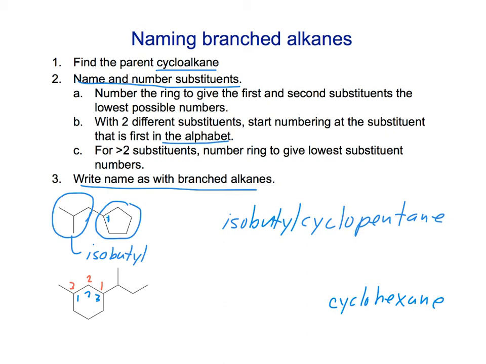So let's look at our 2 groups. Over here, we know this is a methyl group. And over here, this is called a sec-butyl because it's attached to the secondary position of butane. Alright, so we're going to follow the numbering that goes in red because it gives the sec-butyl the lower number.